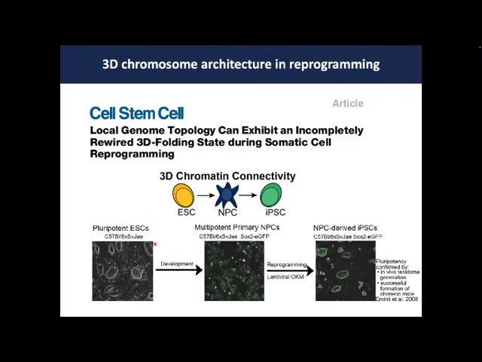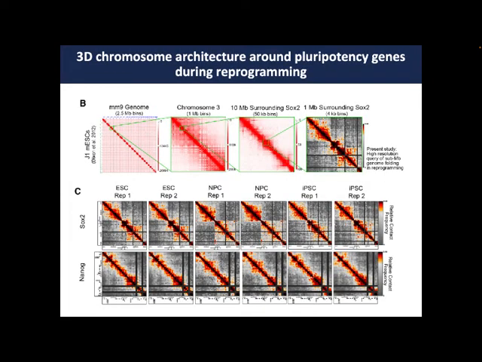So from ESC, the chromosome architectures are remodeled toward the NPC status, and then the subsequent reprogramming turns the NPC toward the induced pluripotent stem cell. During this process, they examined the chromosome structure changes by Hi-C techniques, and these Hi-C maps show various changes of chromosome structures.